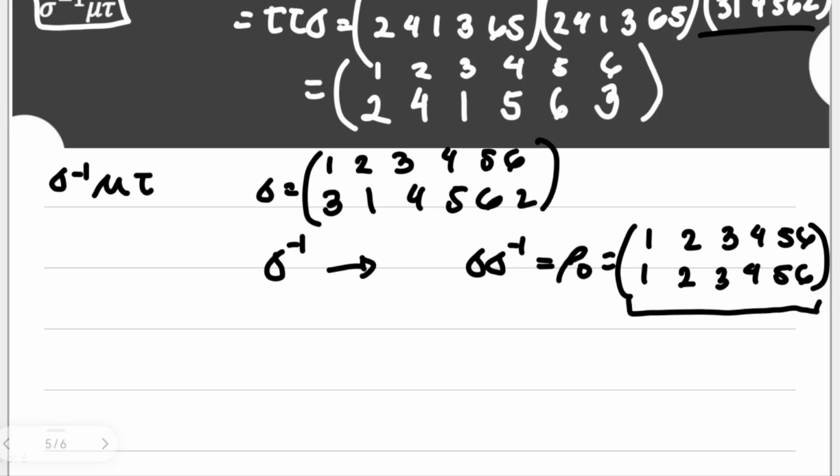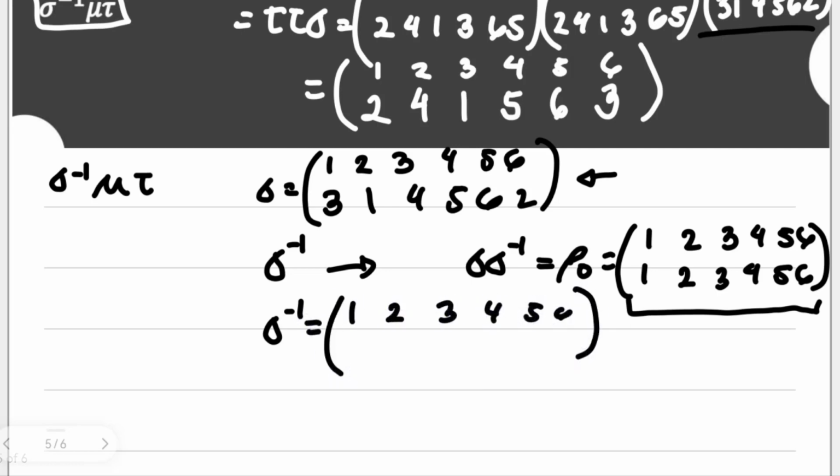So if this would be our sigma, what would be the form of our inverse? That would mean that the inverse of sigma is also a permutation 1, 2, 3, 4, 5, 6 in such a way that if we are going to multiply the inverse of sigma to sigma, or of course we have the idea of a group where this is also the same as that.